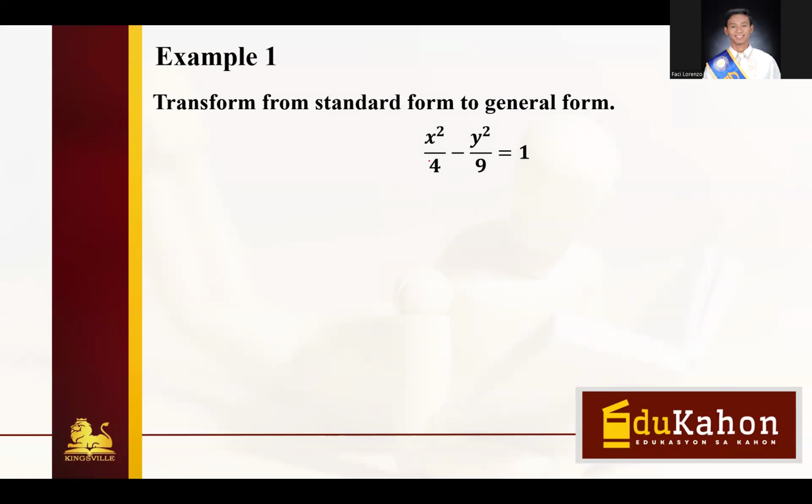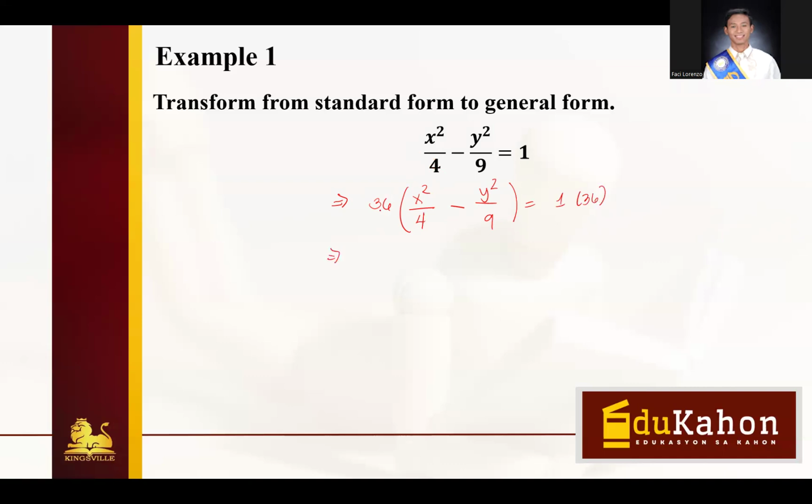So to get the value of your LCD, just multiply your two denominators, which are 4 and 9. So we know that 4 times 9 is 36. So we multiply both sides by 36. So 36 multiplied by x squared over 4 minus y squared over 9 is equal to 1 multiplied by 36.